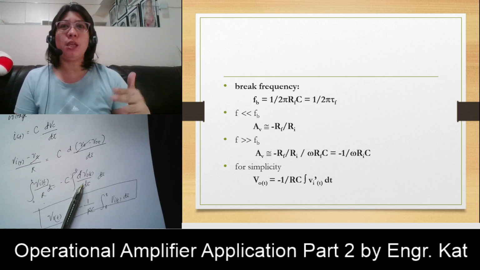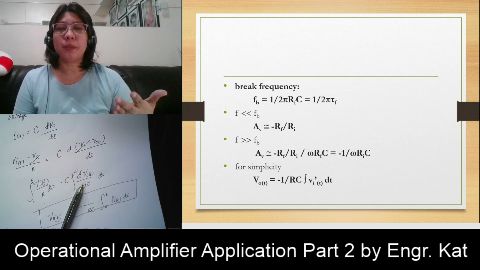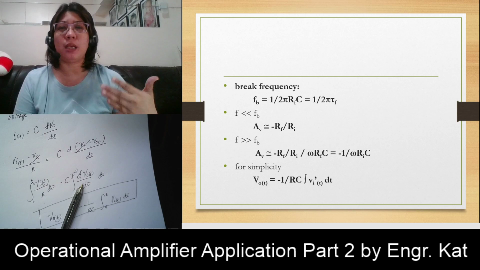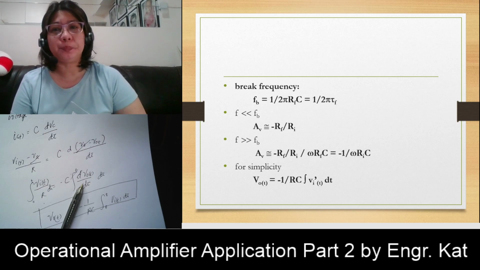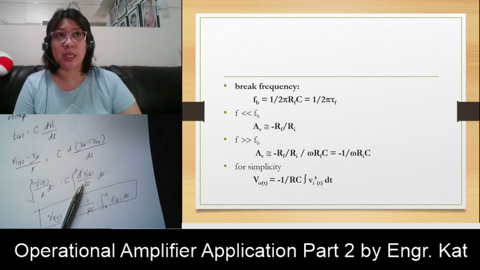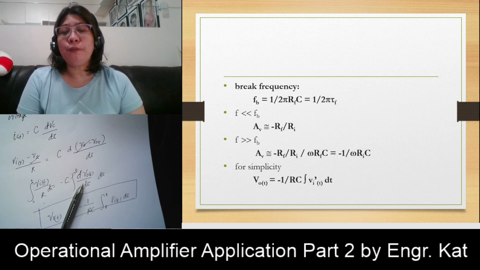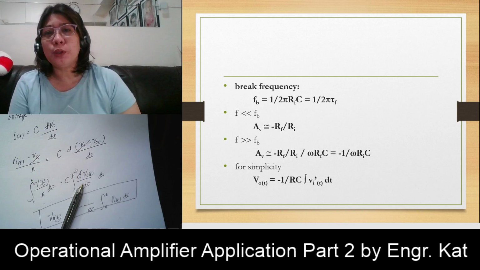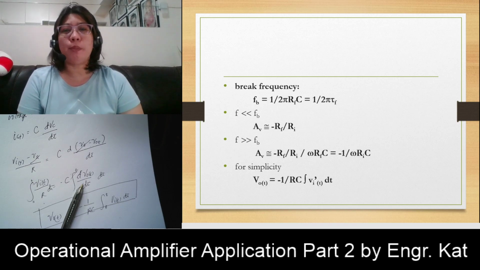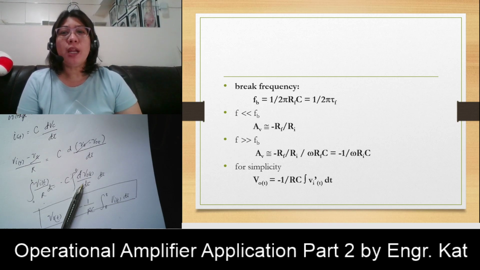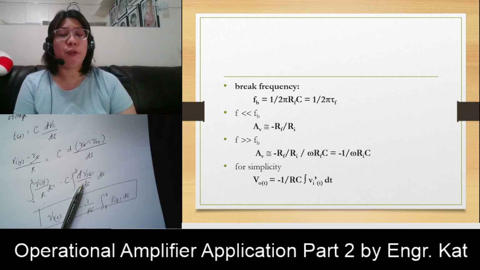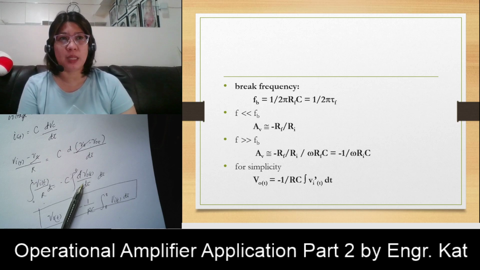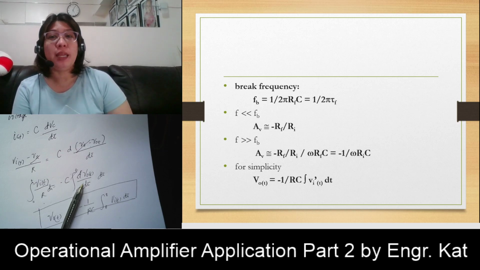Without reaching that specific frequency, your capacitor is just acting like an open circuit. We call that your break frequency. Your break frequency is equivalent to 1 all over 2 pi RF multiplied by your capacitance, which is just the reciprocal of your time constant, your TF there.